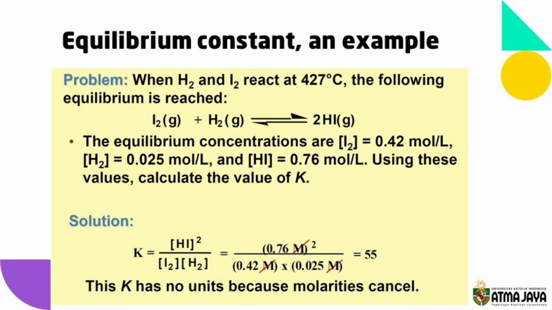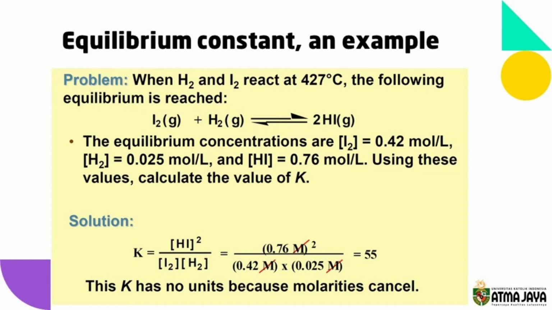The equilibrium concentration of I2 is 0.42 M, H2 is 0.025 M, and HI is 0.76 moles per liter. So using these values, let's calculate the value of K.